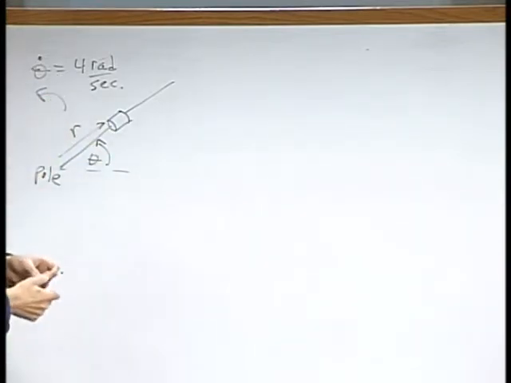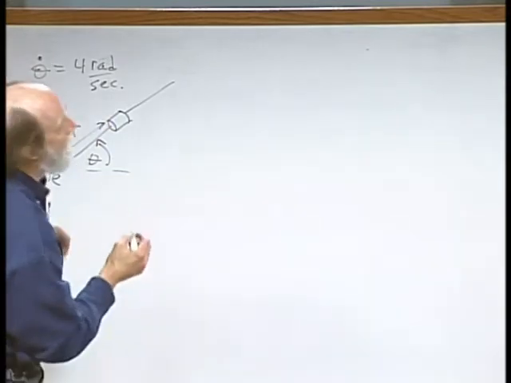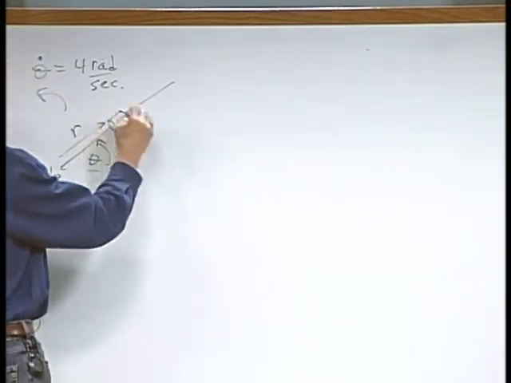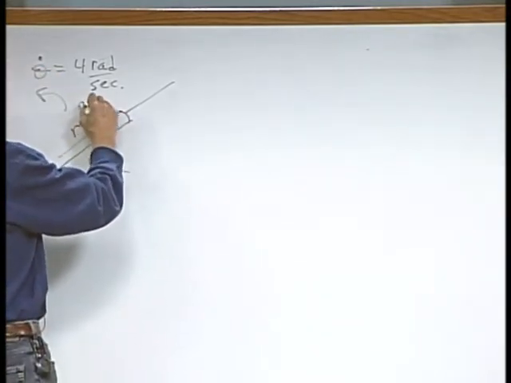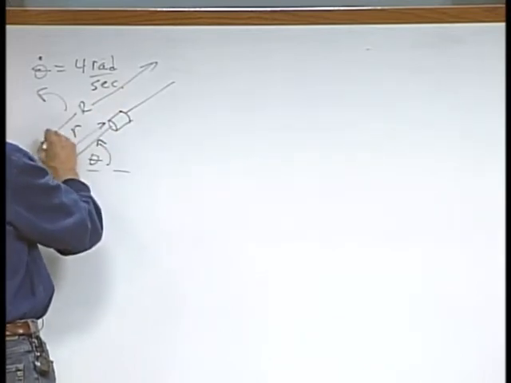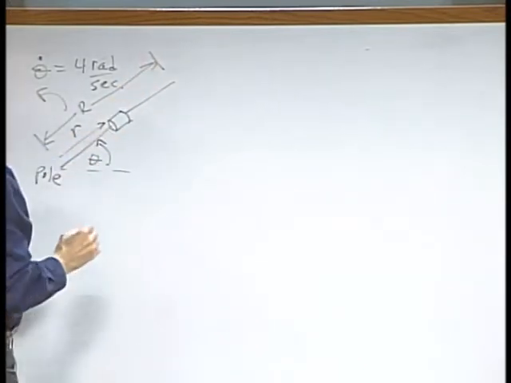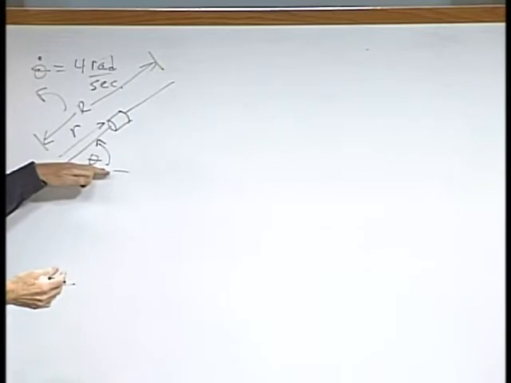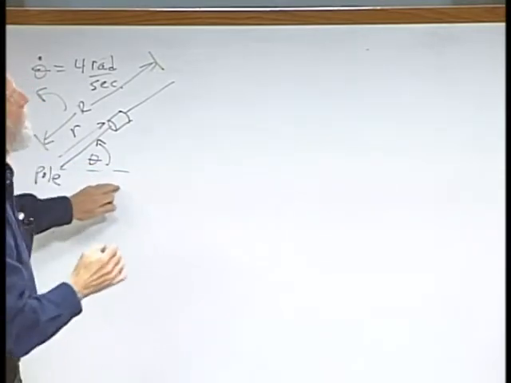Okay. They also tell us that the length of cord is equal to capital R, and capital R is the length of this chamber. And this thing begins down here when theta equals 0.